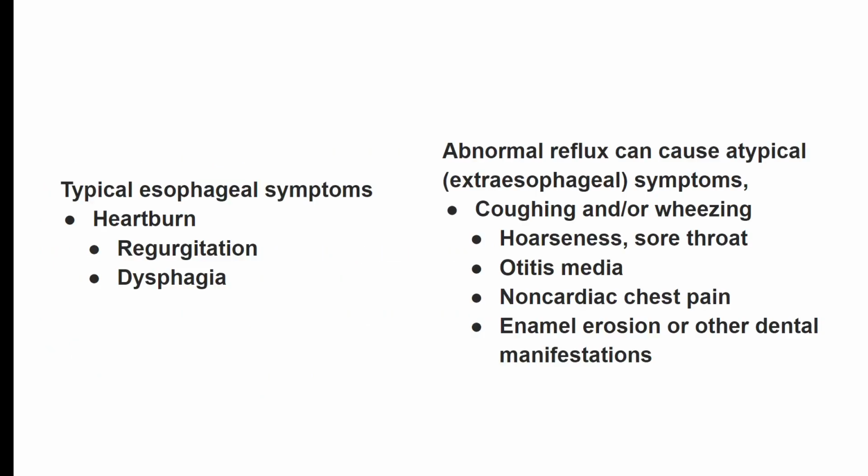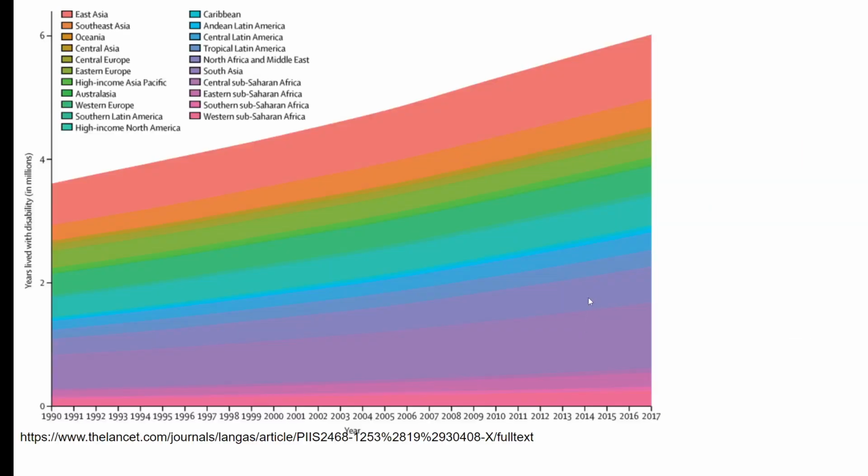Of course, the typical esophageal symptoms, as we have already discussed, are heartburn, regurgitation, dysphagia. Abnormal reflux can cause atypical symptoms, and those could be coughing, hoarseness, otitis media, non-cardiac chest pain. Of course, these are things which we have already discussed.